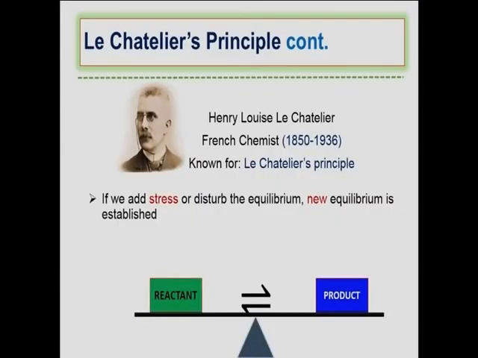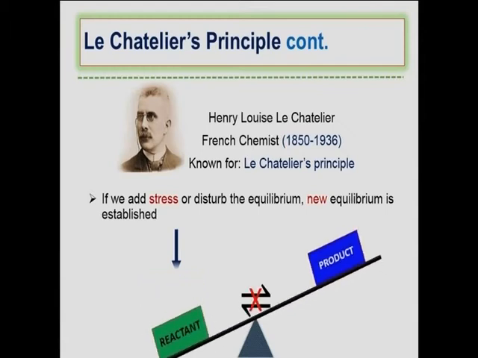So in terms of chemical reaction, once the reversible reaction attains the state of equilibrium, the concentration of the reactant and the concentration of the product become constant. Now if we add stress, meaning if we add some more reactant, or you can also remove the product, then the concentration is going to change.